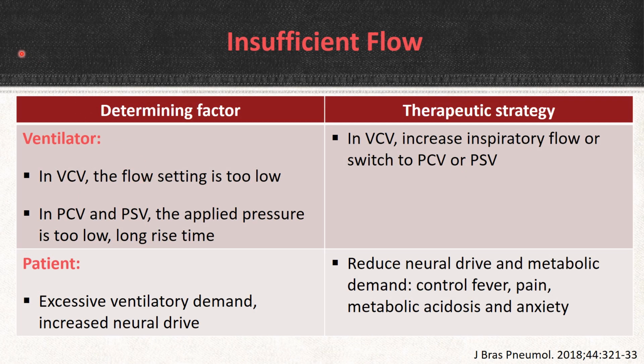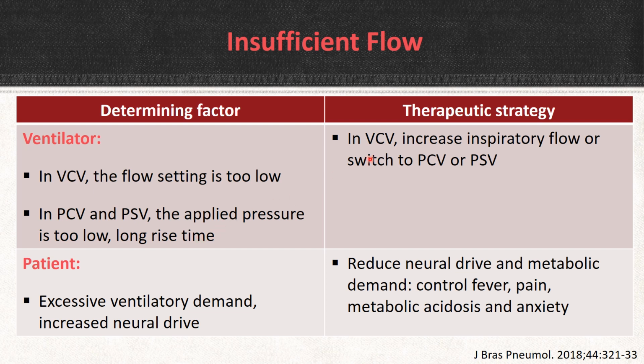Next is insufficient flow. There are some ventilator factors and some patient factors. In ventilator factors, in volume control ventilation, the flow setting is too low, or in pressure control or pressure support ventilation, the applied pressure, peak pressure, PIP or pressure support is too low, or there is a long rise time.